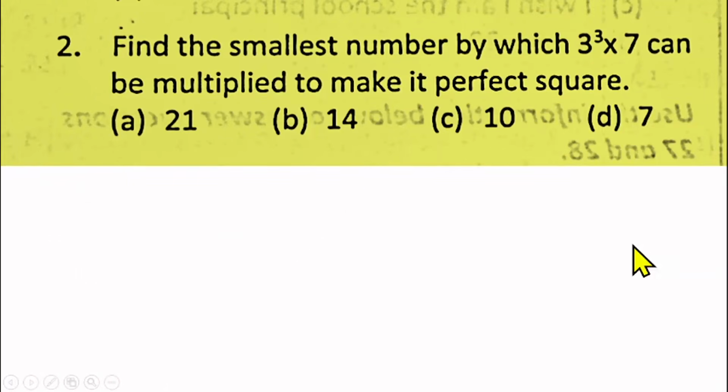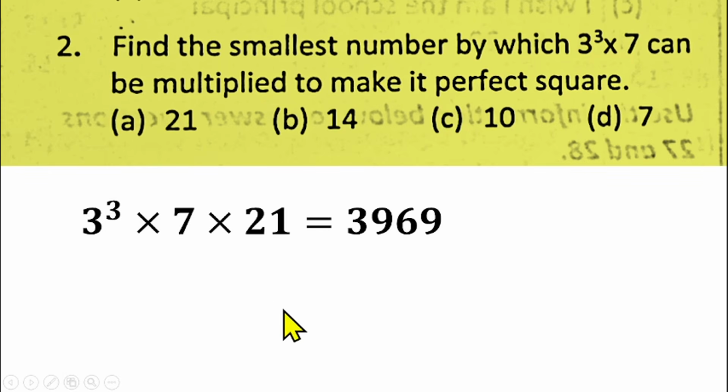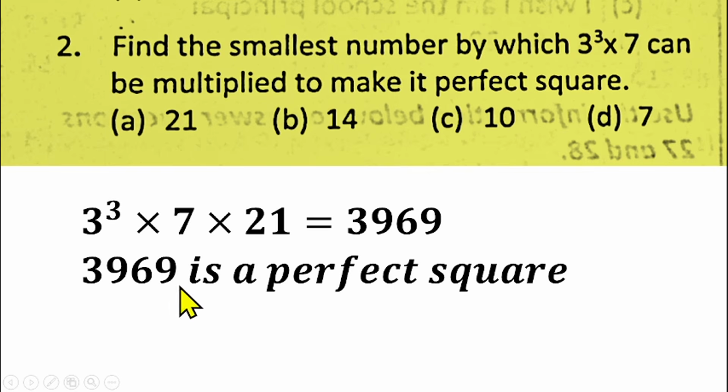Question number 2, you have to find the smallest number by which 3 raised to the power 3 times 7 can be multiplied to make it a perfect square. If you multiply 3 raised to the power 3 times 7 by 21, it's going to give us 3,969, which is a perfect square.